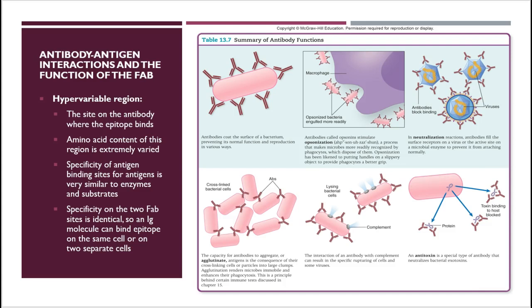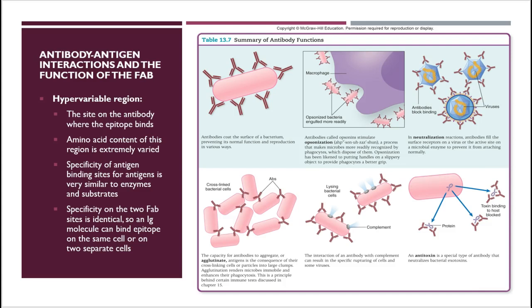Another way that antibodies interact with antigens is known as agglutination. And this reaction is used in a number of immune tests, including the test to determine blood type. So we actually look for agglutination with certain antibodies to determine blood type.